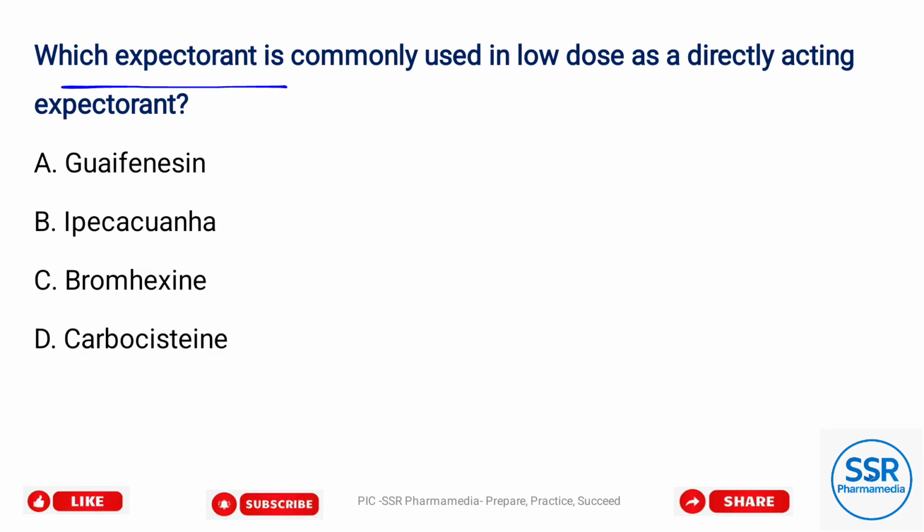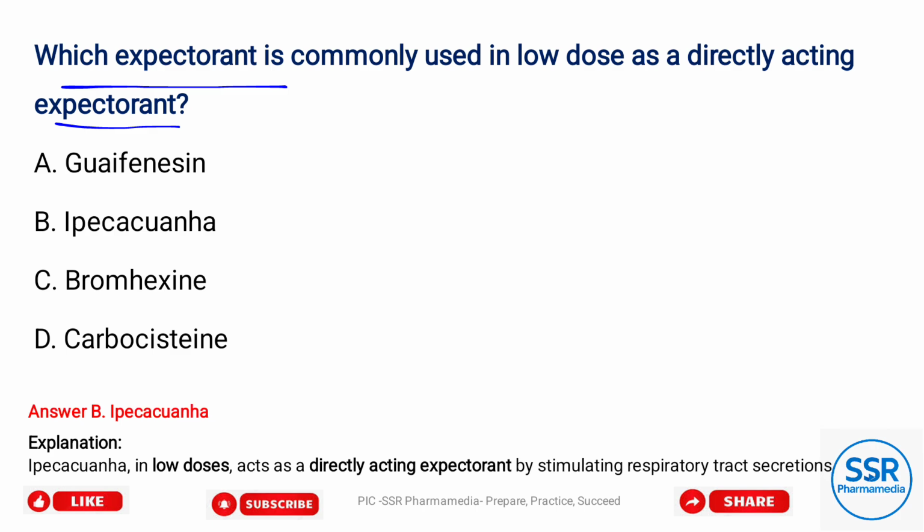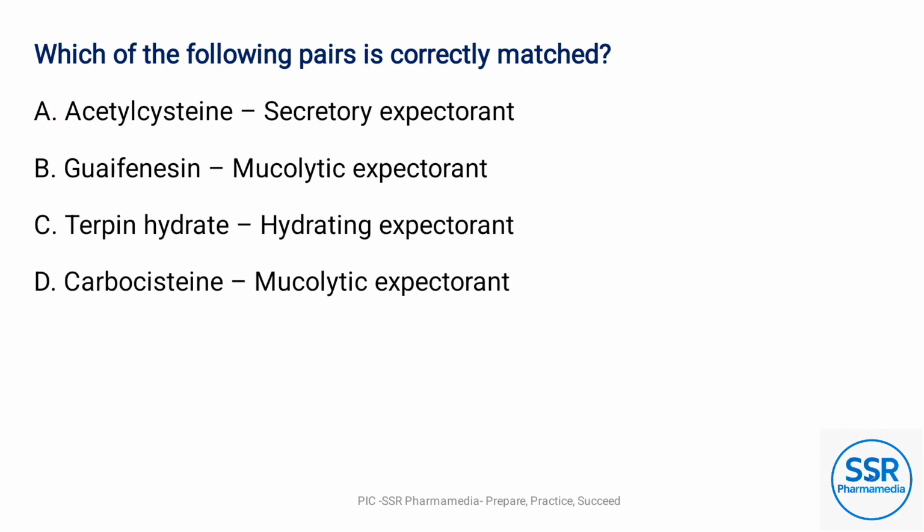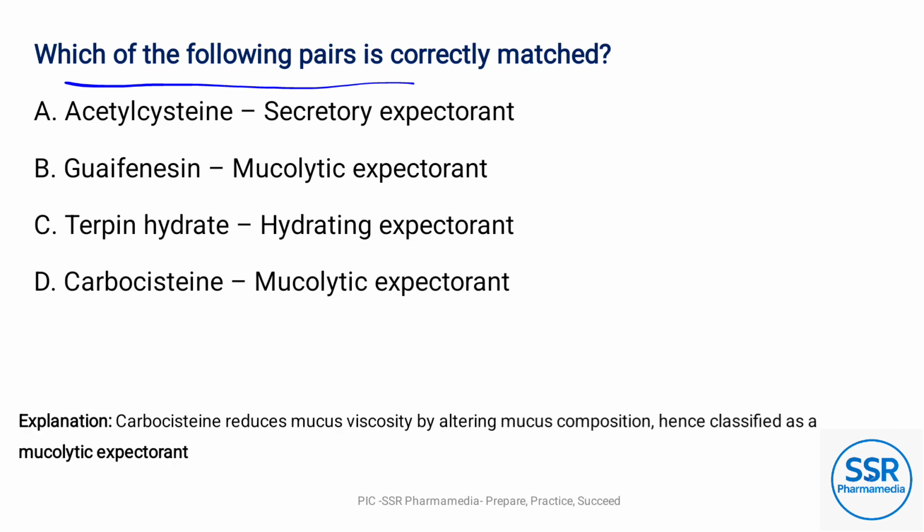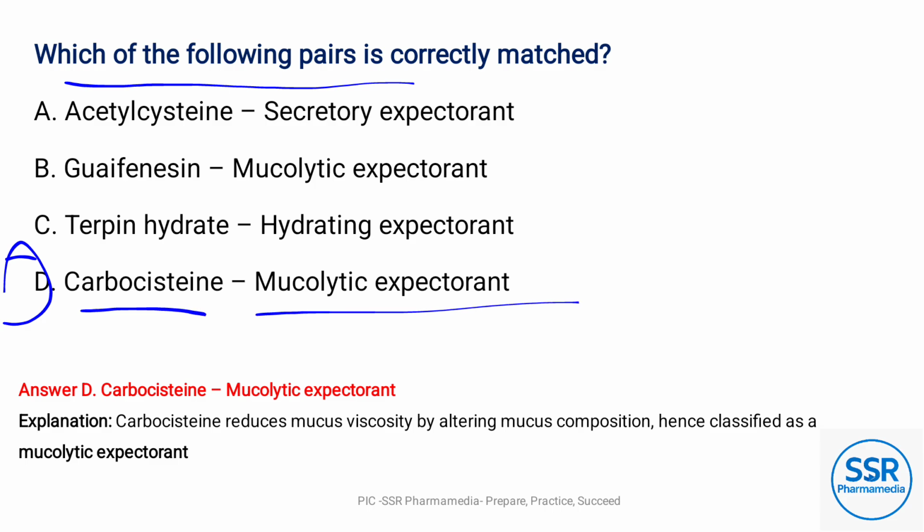Which expectorant is commonly used in low dose as a directly acting expectorant? Option B, ipecacuanha. In low dose, ipecacuanha acts as a directly acting expectorant by stimulating respiratory tract secretions. Which of the following pairs is correctly matched? Option D, carbocysteine and mucolytic expectorant. The others are wrong.